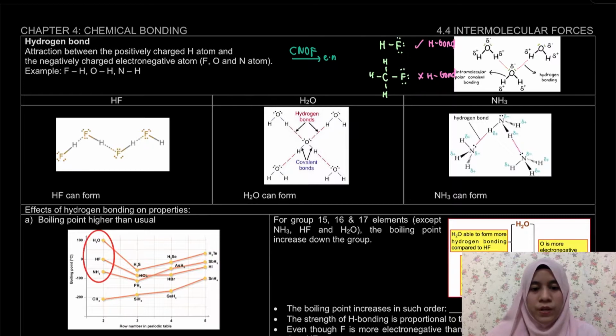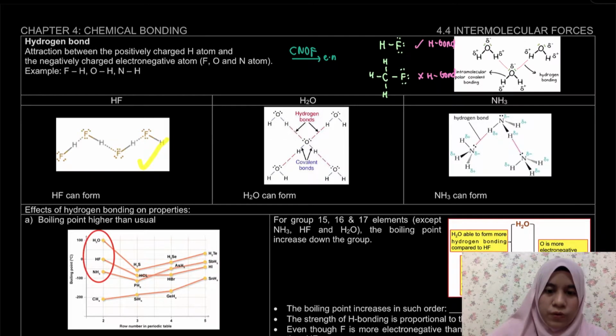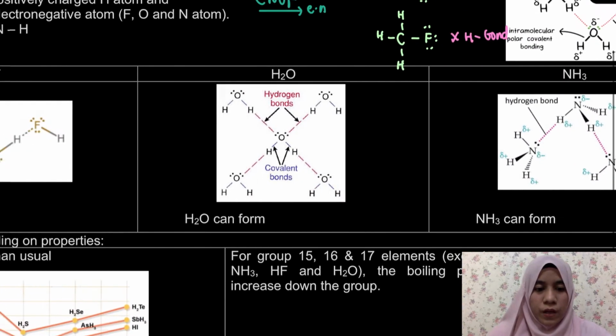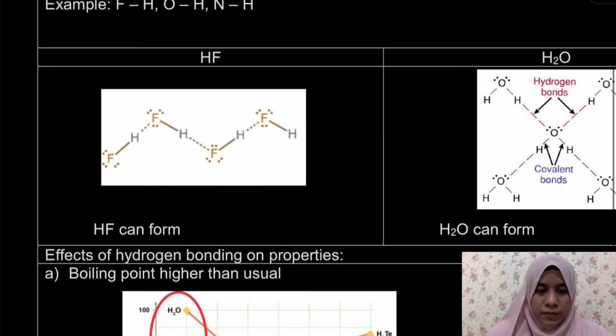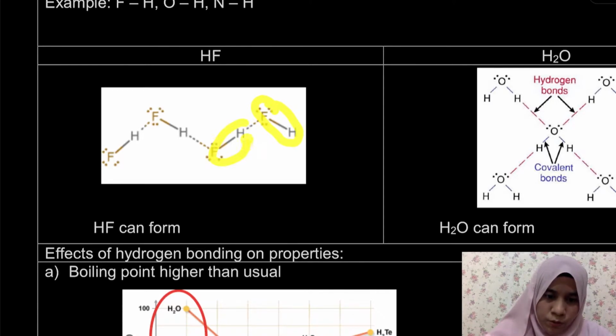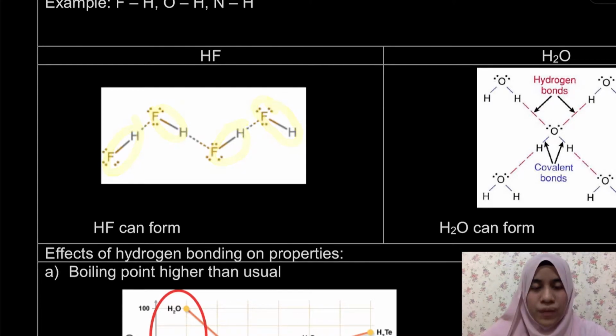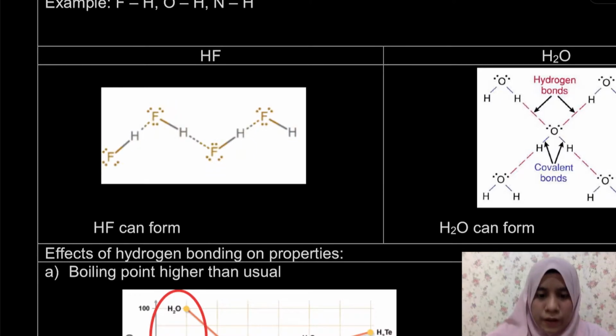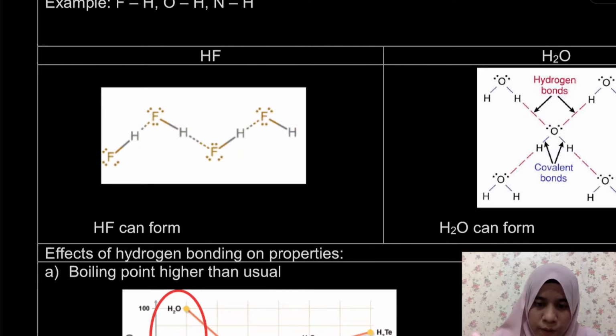Okay, next we're going to look at hydrogen fluoride, H2O and ammonia. In this case, we have HF, 1, 2, 3, 4. We have 4 hydrogen fluoride, right?